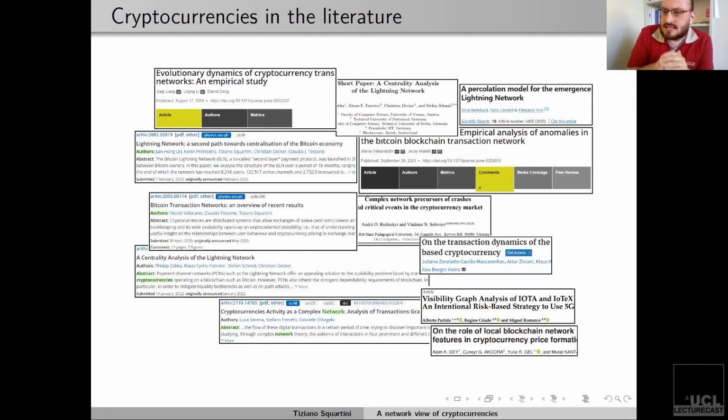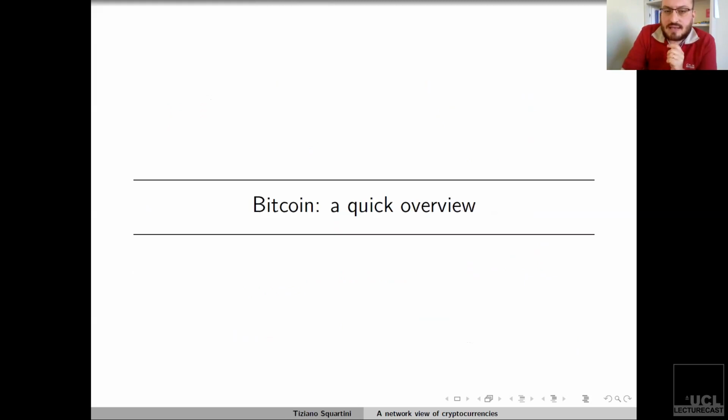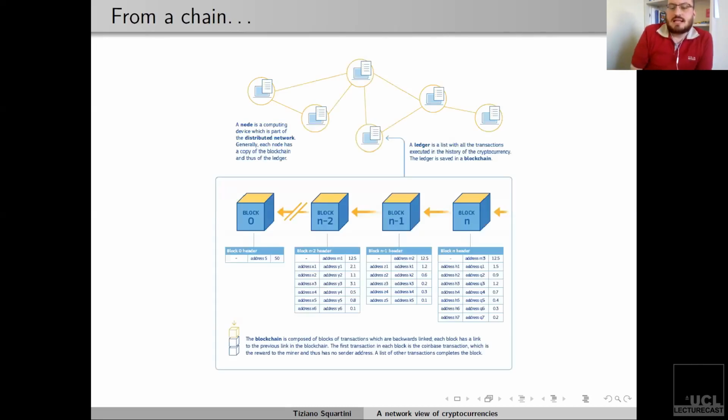So let's say trying to understand if the analysis of the topology of the network can give us some insight on the presence of some strategic behavior, for example, or some movement that is then reflected in the price, for example, of Bitcoin.